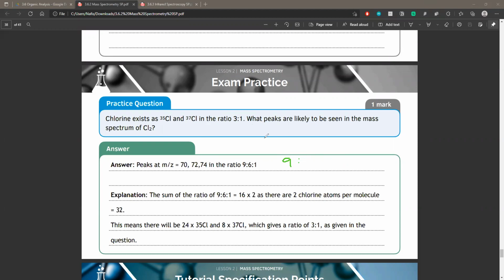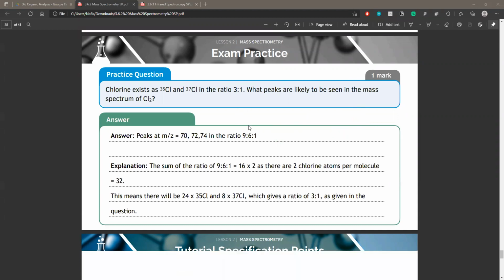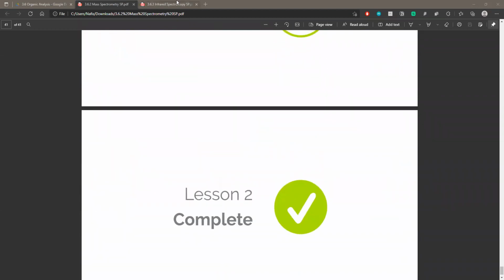A 37 and a 35 is going to be 3 times 1 times 2, which is 6 of them. And then two 37s is going to be 1, so a 9 to 6 to 1 ratio. Does that make sense to everyone?